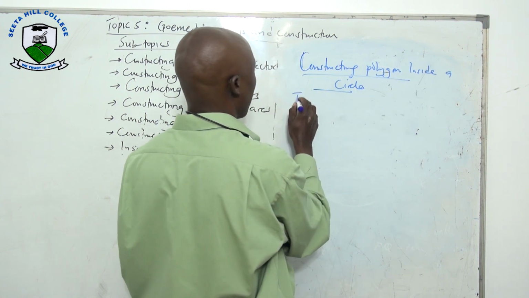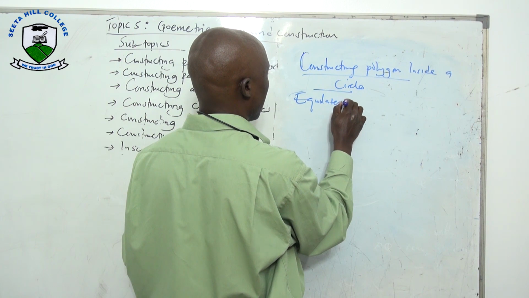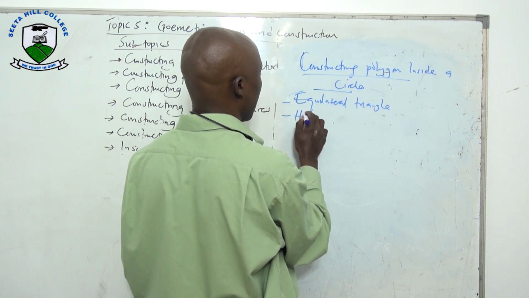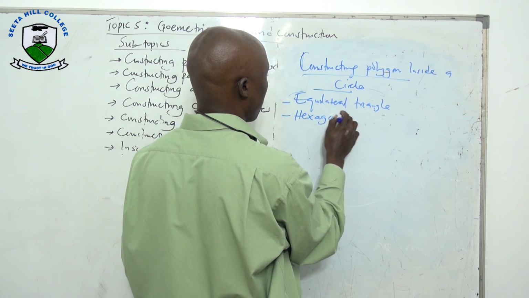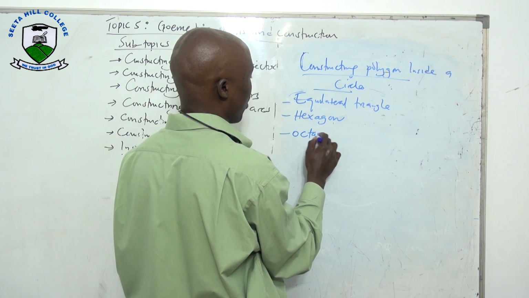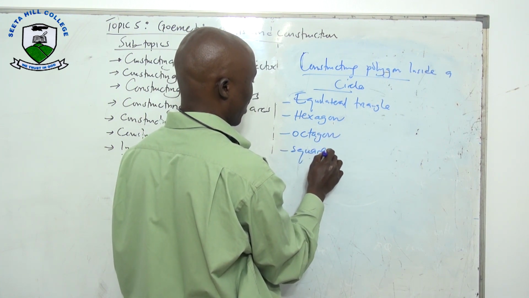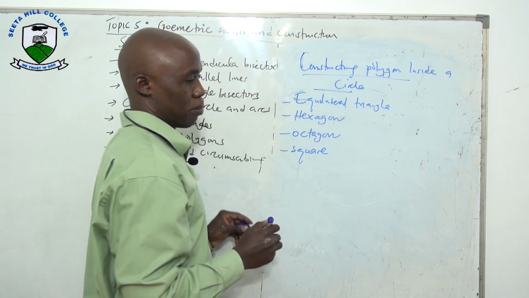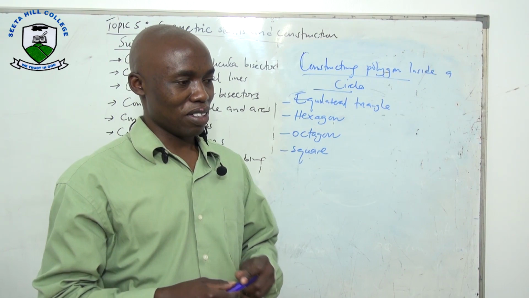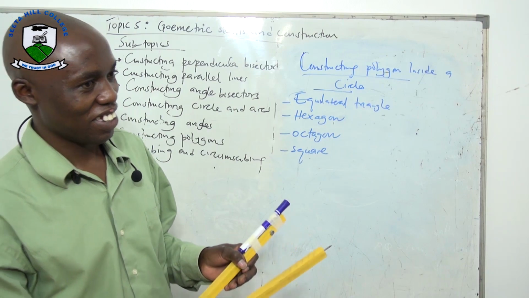Probable polygons we have are the equilateral triangle, the hexagon. Hexagon is how many sides? 6 sides. Okay. Square. Eight.